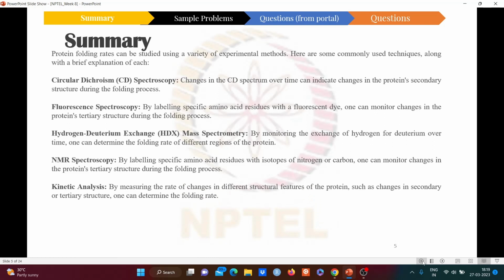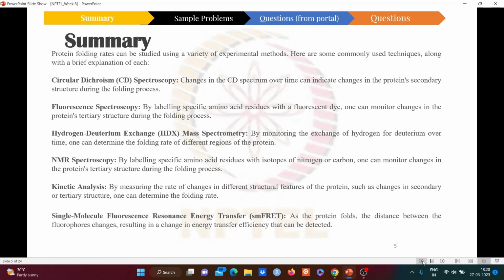Next is kinetic analysis. Kinetic analysis involves monitoring the rate of protein folding using various methods such as stopped flow or continuous flow techniques. By measuring the rate of change in the different structural features of the protein, one can determine the folding rate.